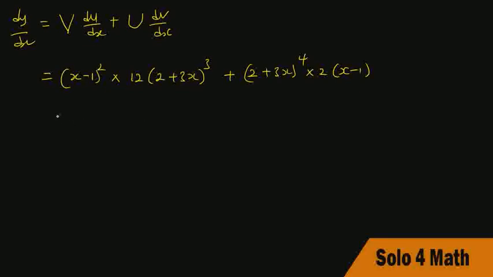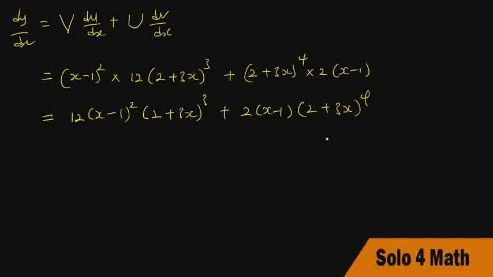Can we simplify this a bit? This will be 12 (x minus 1) squared into (2 plus 3x) cubed plus 2 into (x minus 1) into (2 plus 3x) to power 4. Now we can take out some common factors here. I see 2 is a common factor because there is a 2 here, there's a 2 here.